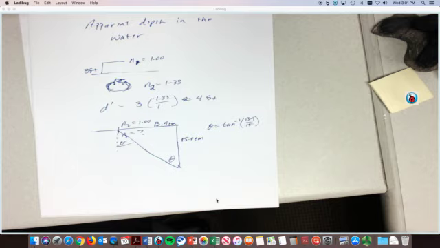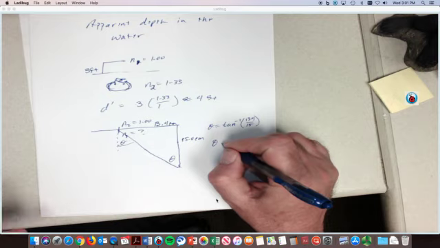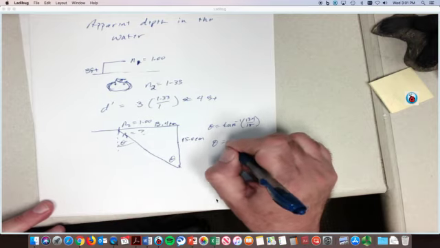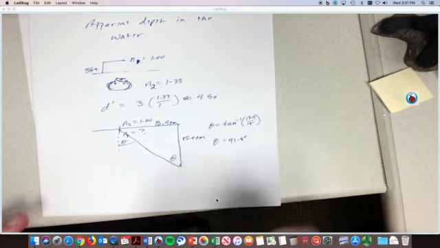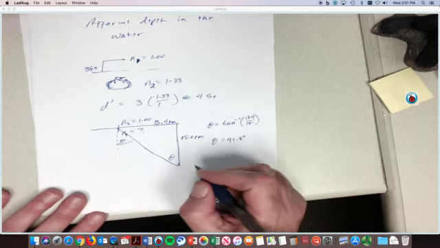So my angle of incidence is 41.7. Let's call it 41.8. Theta is equal to 41.8 degrees. And that's my critical angle.